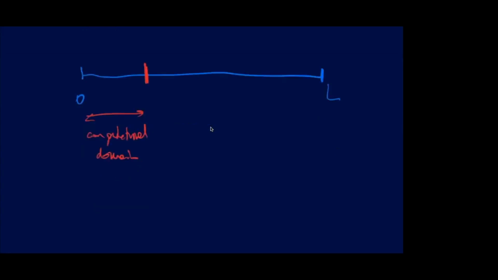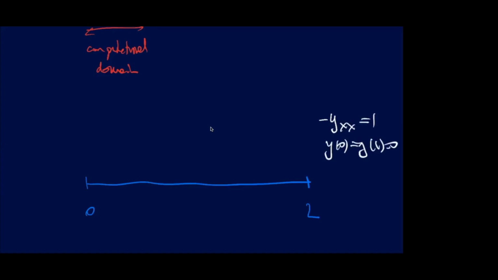Even for the Laplace equation that we were considering yesterday, which motivated the domain decomposition method, if you give me even the Laplace problem, minus y_xx equals 1, y(0) equals y(L) equals 0, the response of the system is global.